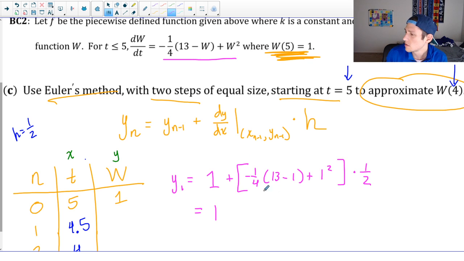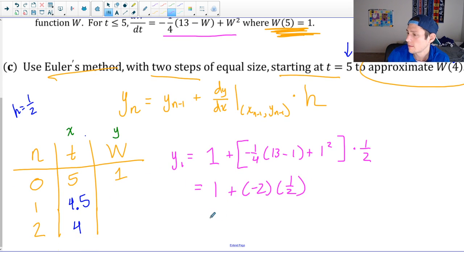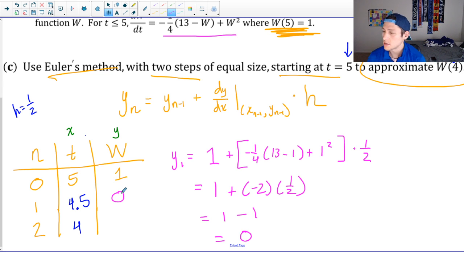We already figured out dw dt when t is 5 way back in part A. We already know that that's negative 2. It's negative 2 times 1/2. So that would be 1 minus 1, which is 0. So my first y value, when n equals 1, is 0.